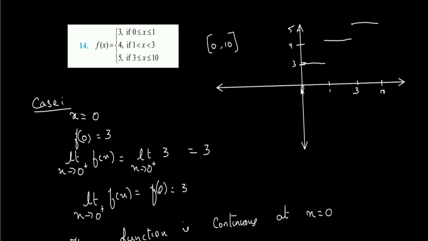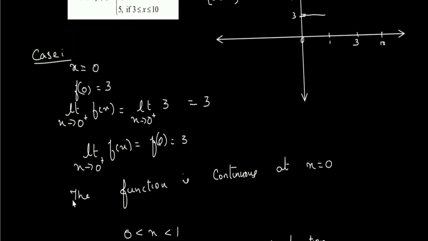If you want to check continuity at 0, you find the value of the function at 0 and then the right limit. At 10, we find the value and then the left limit. So the function is continuous at x equal to 0 because f of 0 is 3 and the right limit is also 3.